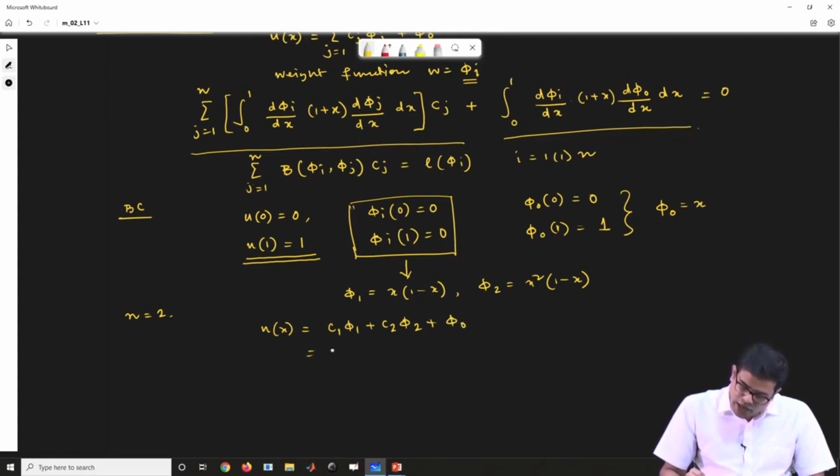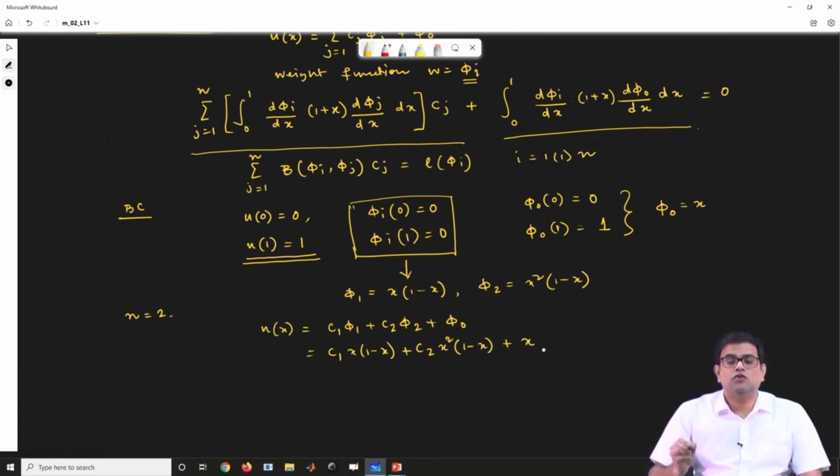Now c1 and c2 I don't know, I have to find out. So c1 x into (1 minus x) plus c2 x square into (1 minus x) plus x. So this is my approximation. The whole idea of the Rayleigh-Ritz method is to find out this c1 and c2.